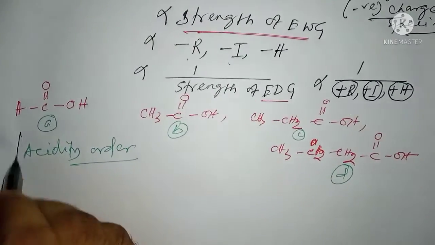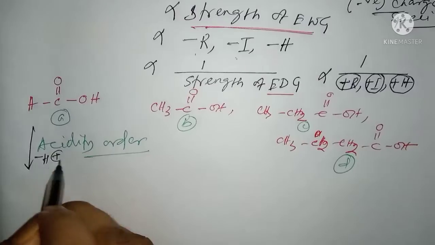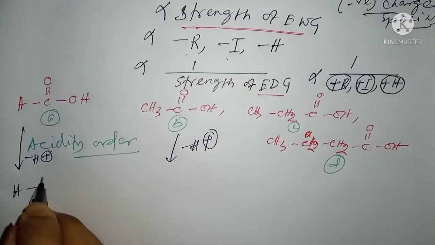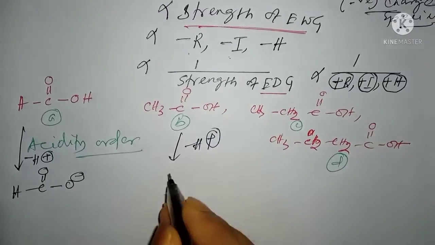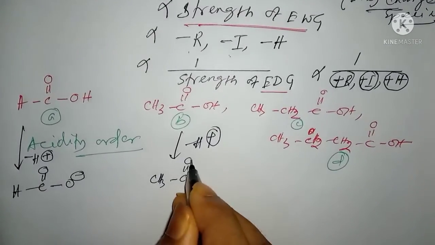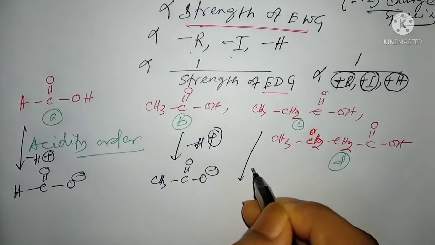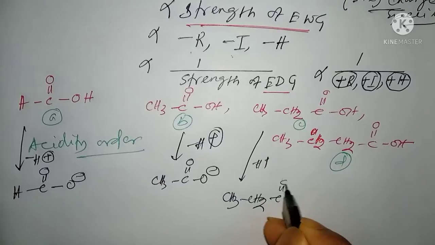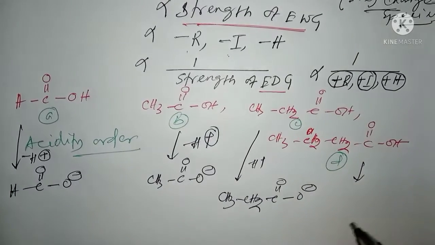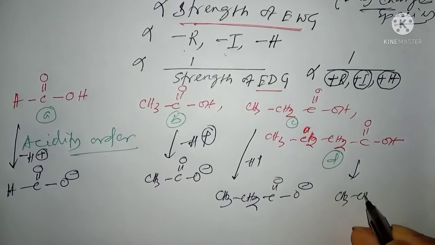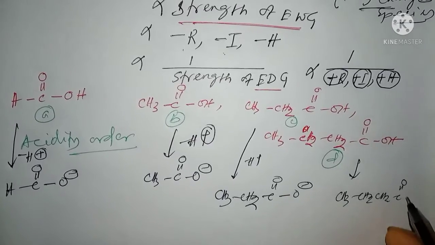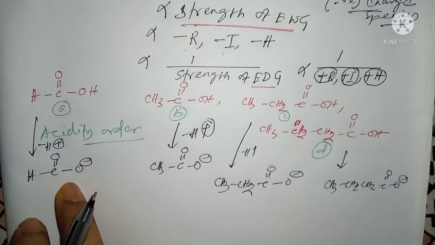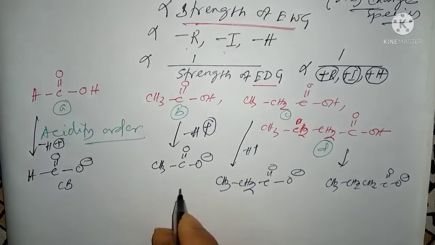First, acidity means H plus removal, all remove H plus to form conjugate base. So we get HCOO negative, CH3COO negative, CH3CH2COO negative, and CH3CH2CH2COO negative. First check the conjugate base form, this is the conjugate base.